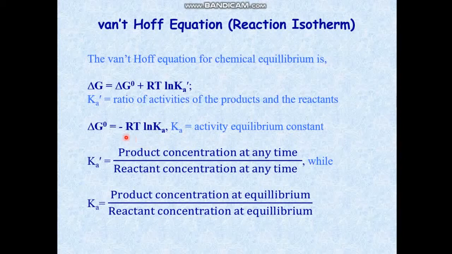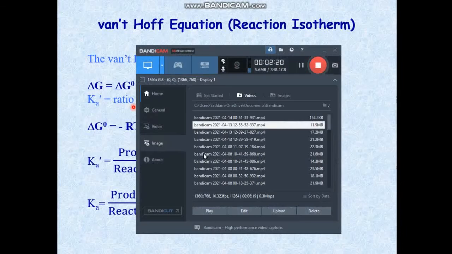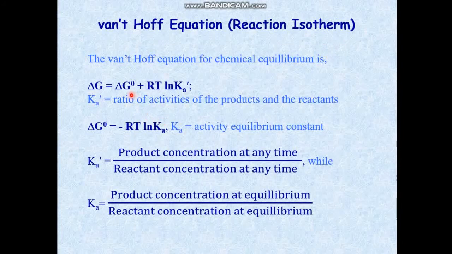So this delta G0 is minus RT ln Ka. Okay, so at equilibrium, this delta G becomes 0 and delta G0 becomes minus RT ln Ka.